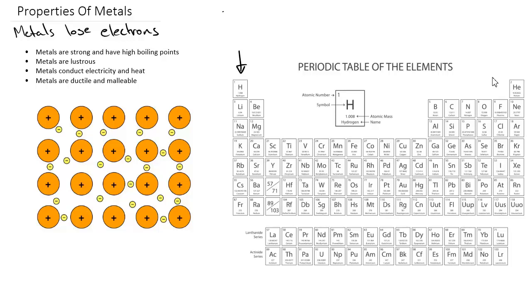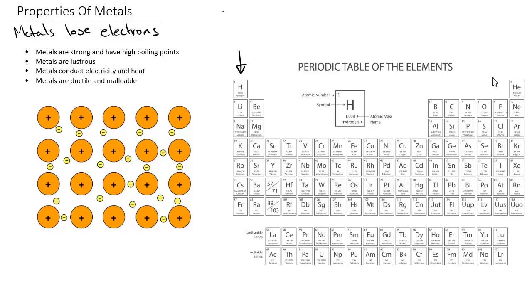What makes them metals is that they only have one electron in their valence shell. If you drew out lithium, it would have two electron shells, and in the final shell it would only contain one electron. So that electron can be released, can be given off very easily.